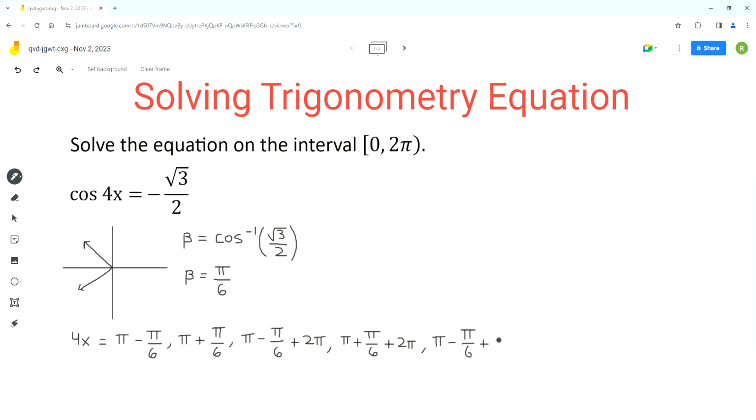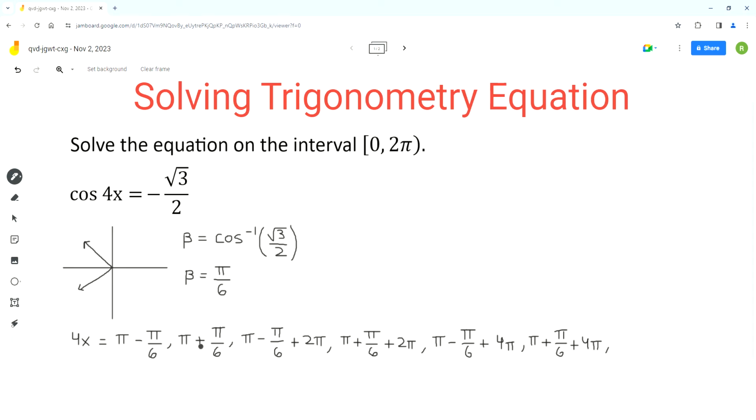For the third round, we'll get 4 pi, 2 pi plus 2 pi. And then we'll do pi plus pi over 6 plus 4 pi, because we are going around the circle the third time.